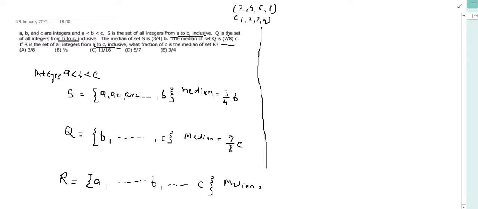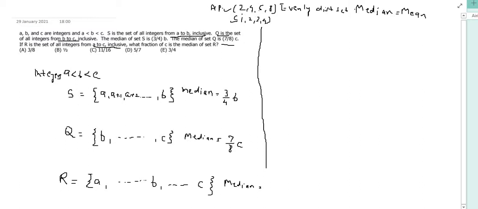Here also it is 2, 2, 2. In an evenly distributed set, your median is going to be equal to the mean of that set. The average or mean of these sets is going to be equal to their median because they are in AP, arithmetic progression. That's a very important key point here.